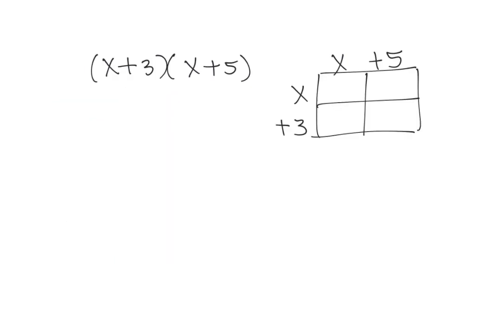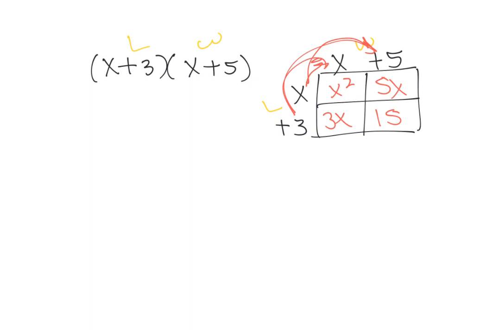We looked at this problem using something that we call area model. An area model is like if you had a rectangle, and we thought about this as like the length times the width. And this box over here kind of looks like the multiplication tables that we would have, where we would look at x times x is x squared, and then x times 5 is 5x, and then 3 times x is 3x, and then 3 times 5 is 15.